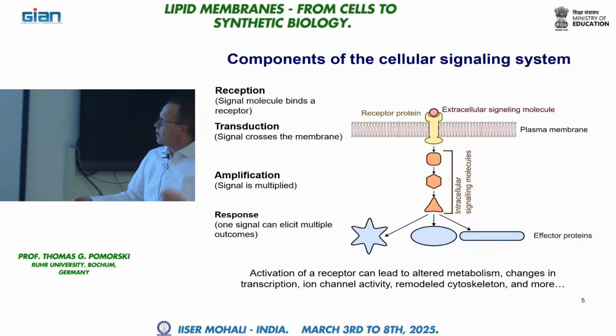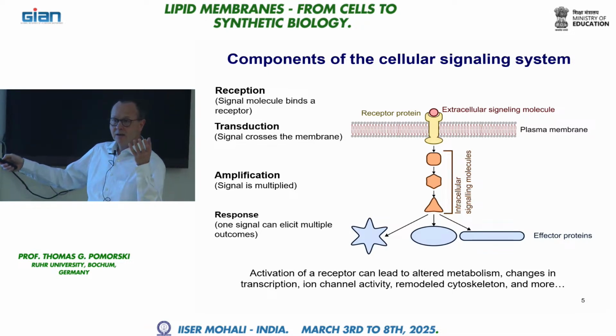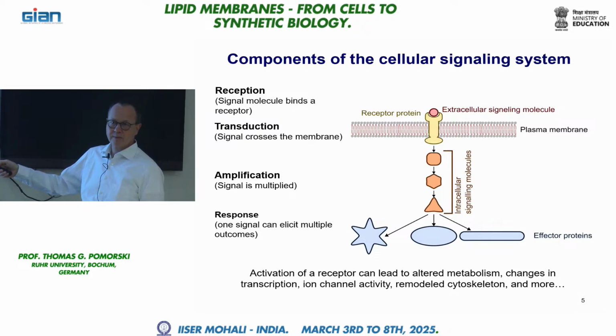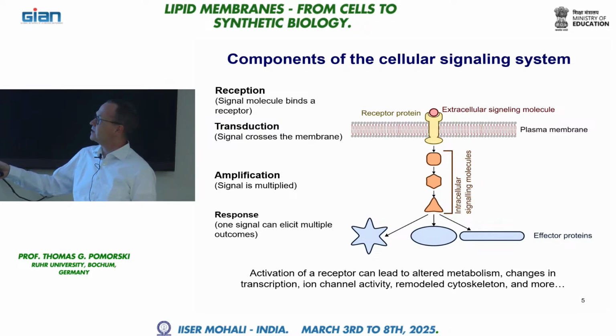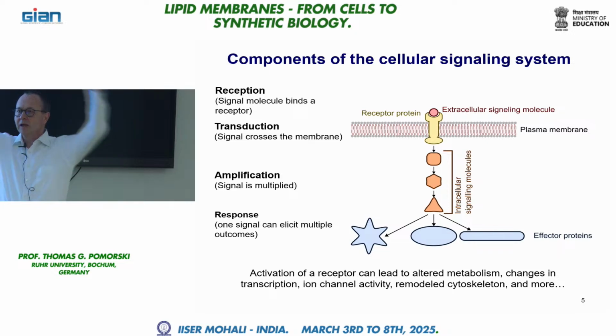So in all cases, we have the cell surrounded by the plasma membrane, and typically it's a membrane protein that can bind and recognize this first messenger. And when it does so, it will change the conformation. So maybe like click.